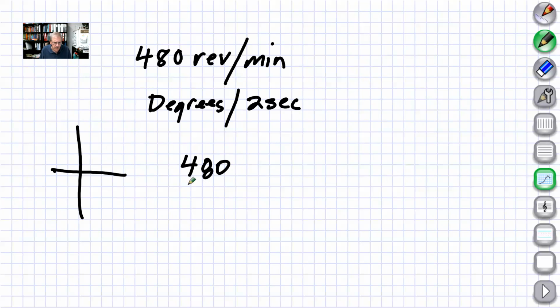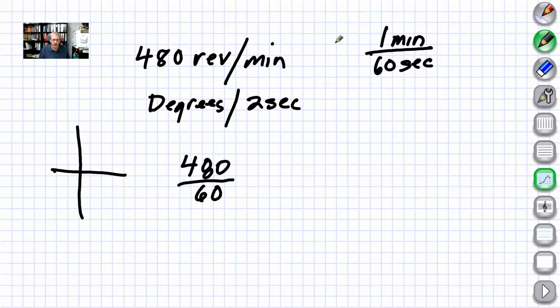What we're going to do is divide this by 60, because a second is 1/60th of a minute. Okay, 1 minute is equal to 60 seconds. We can think of it that way.